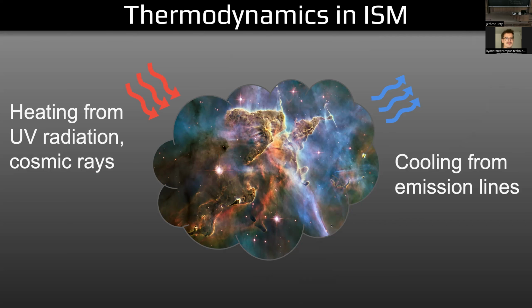On the other hand, cooling is due to quantum effects, which we call emission lines, and it's affected by the density and the temperature of the medium. So for a given density and radiation field, the balance defines a thermal equilibrium state.